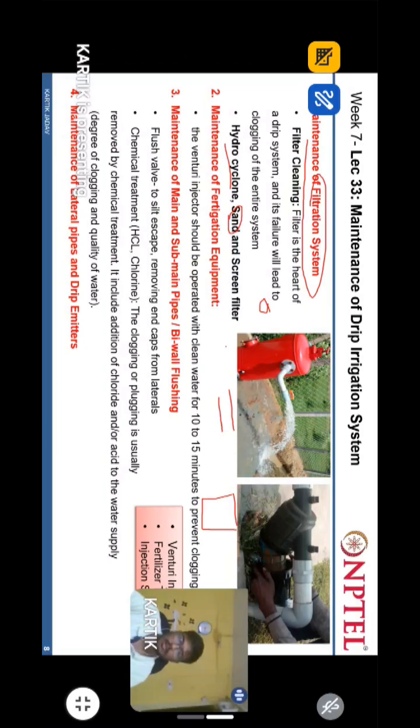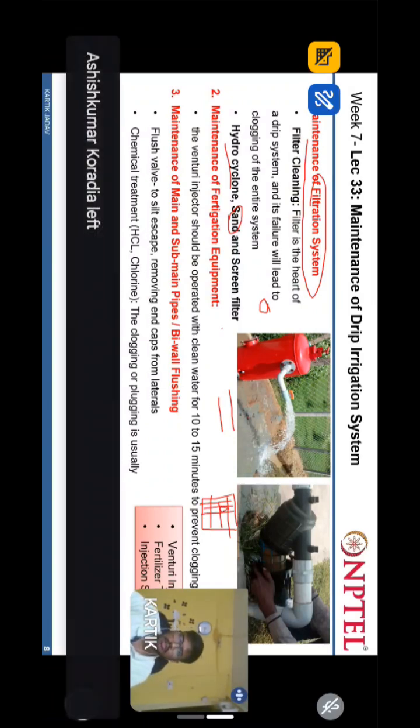We also use this kind of filter to filter water in our house, right? So it basically contains a mesh. That mesh has different sizes. Okay, so we select this mesh opening based on our irrigation water quality.